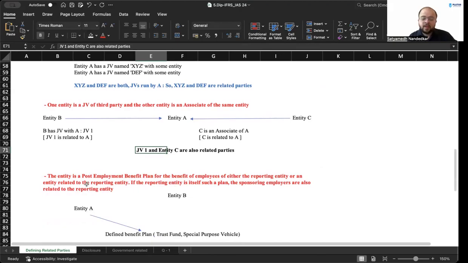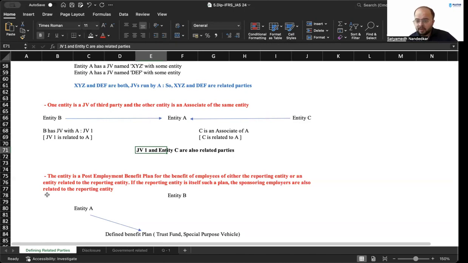Now, the entity is a post-employment benefit plan for the benefit of employees of either the reporting entity or an entity related to the reporting entity. If the reporting entity is itself such a plan, the sponsoring employers are also related to the reporting entity.